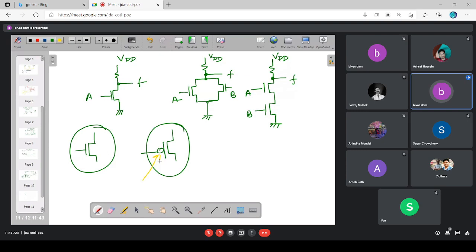There are many other circuit symbols of NMOS and PMOS, but in digital electronics, these two symbols are the most used ones. So we will also be using these symbols.